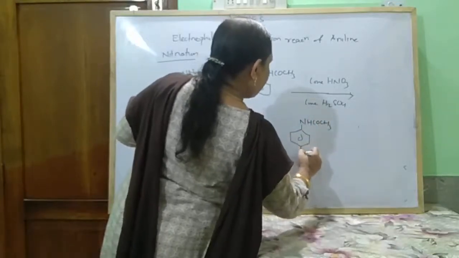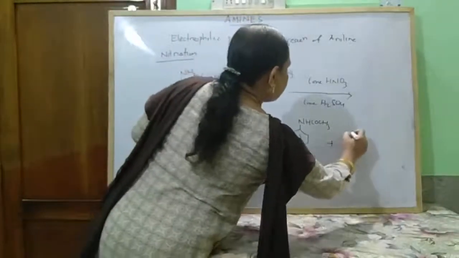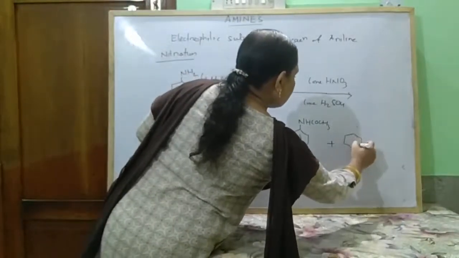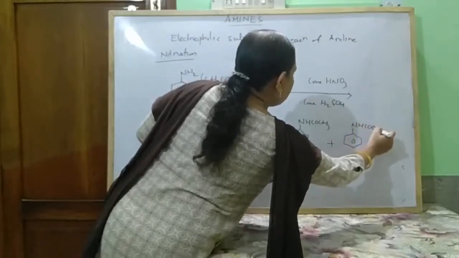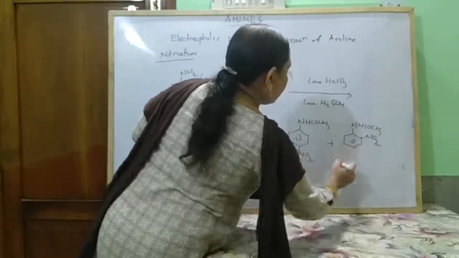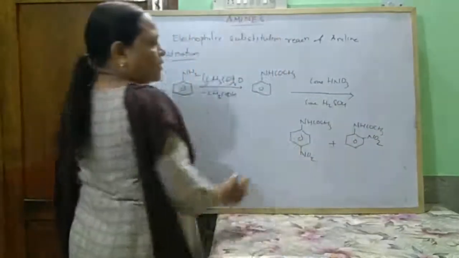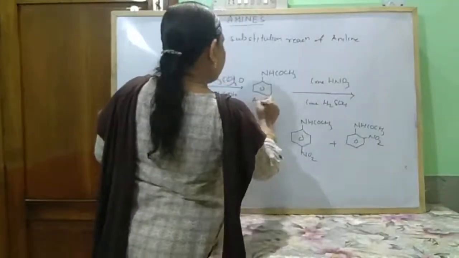NHCOCH3, NO2, plus NHCOCH3, NO2, para-nitroacetanilide, and this is acetanilide.